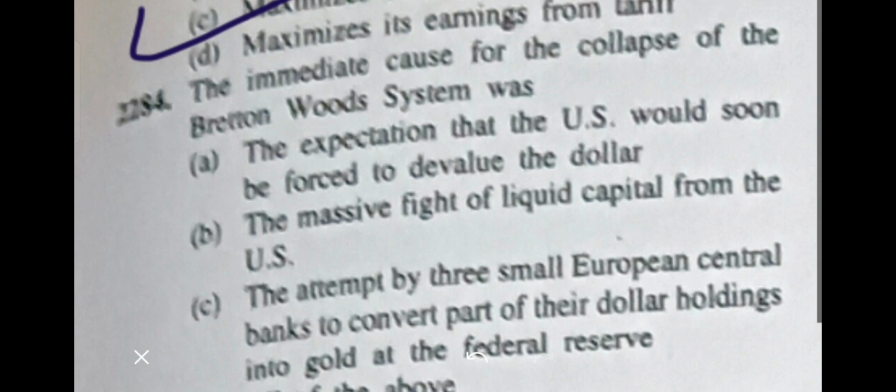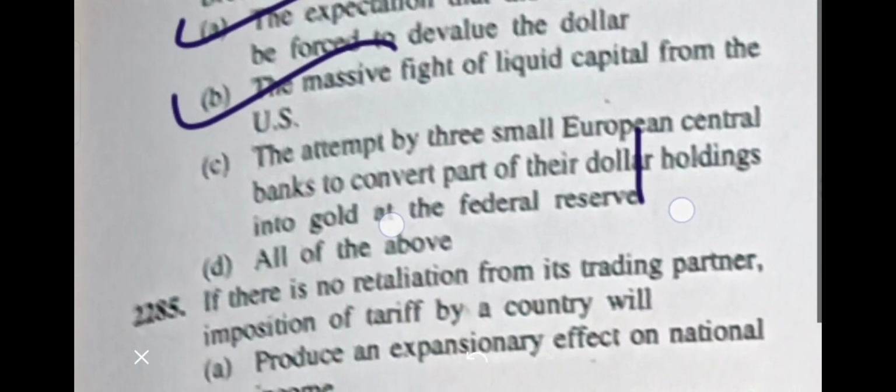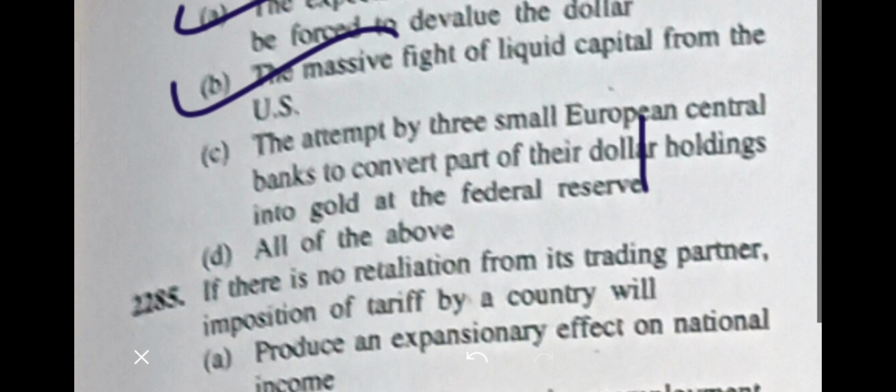The immediate cause for the collapse of the Bretton Woods system was the expectation that the US would soon be forced to devalue the dollar, the massive flight of liquid capital from the US, the attempt by three small European central banks to convert part of their dollar holding into gold, all of the above.